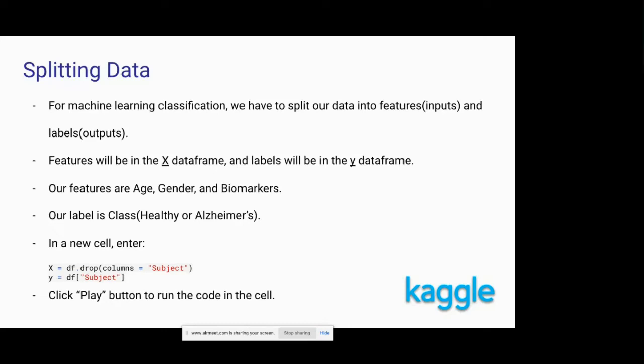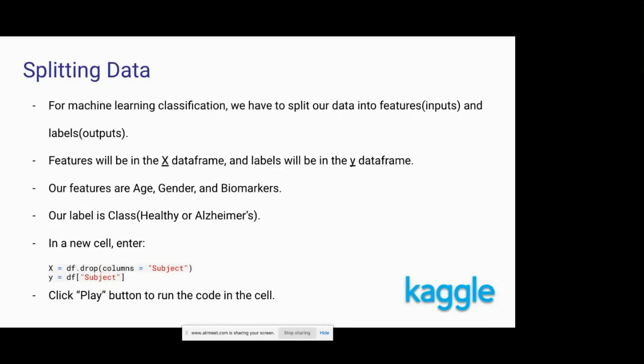In order to split the data, we're going to add a new cell and enter the following. Capital X is equal to df, our data frame, dot drop, the subject column.